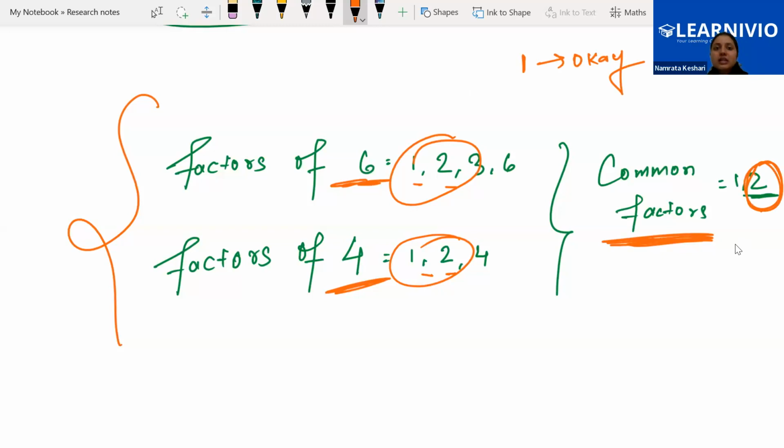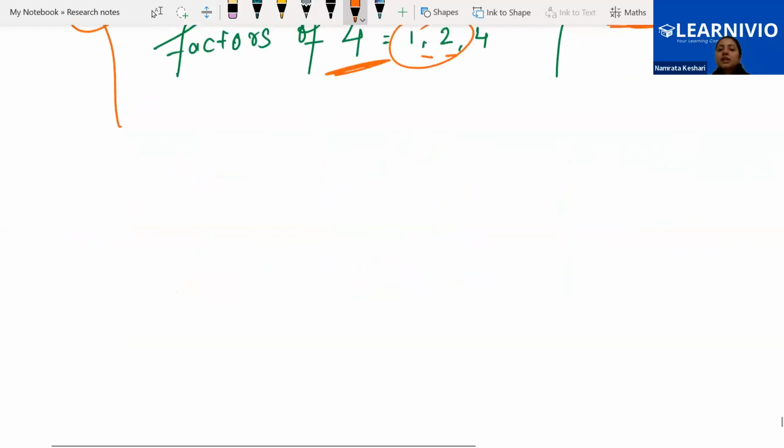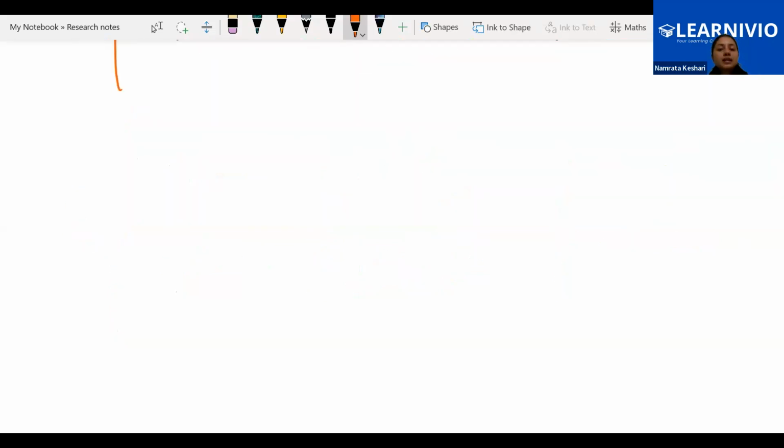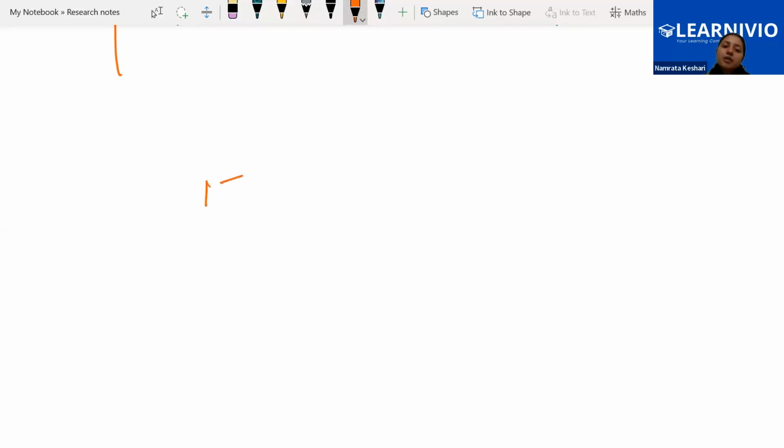Are you going to list down the factors of both numbers every time, and then check whether the given numbers are co-prime or not? No. This is not how you are going to check it. You just need to think: is there any number which can divide both the given numbers? For example, if I am taking a number 15 and another number 8, now you tell me, is there any number which can divide 15 also and 8 also?